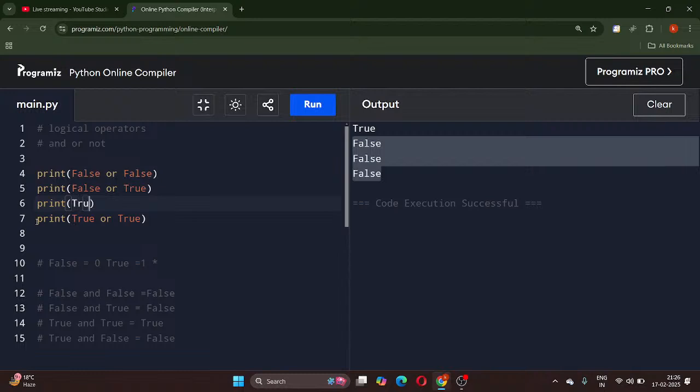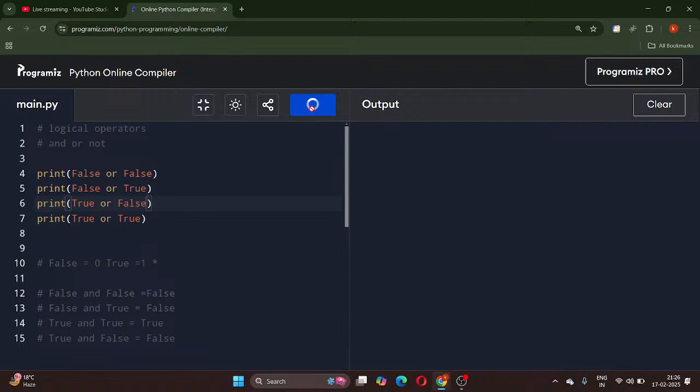So here we have true as the first input and false as the second input, and the answer that we are getting here is false, true, true, true. I hope that this is clear, everyone.